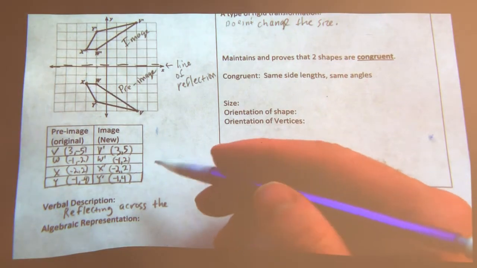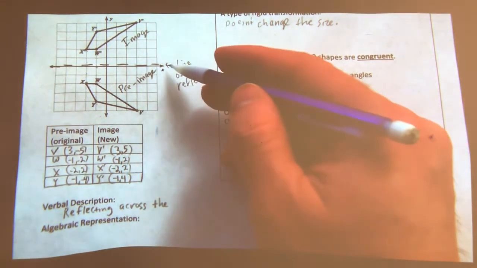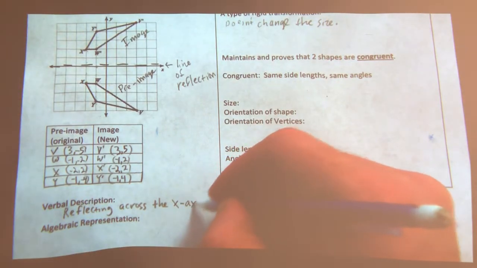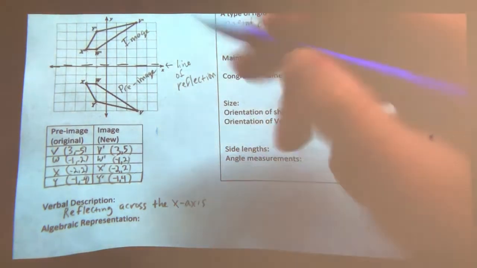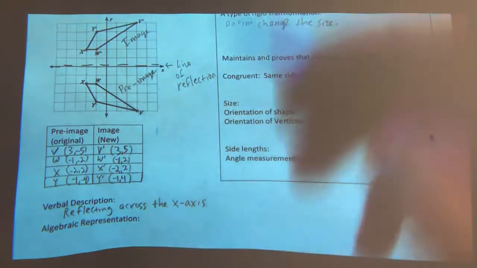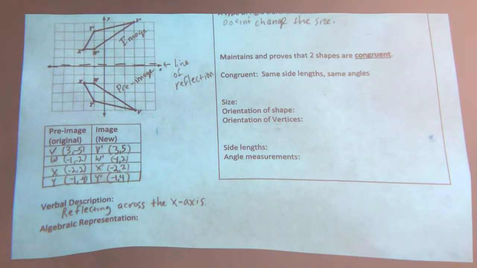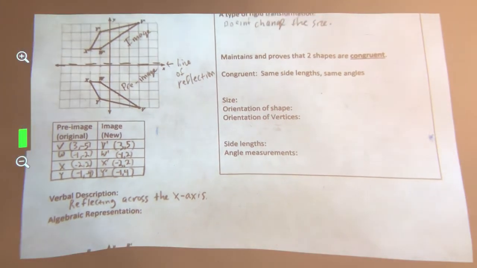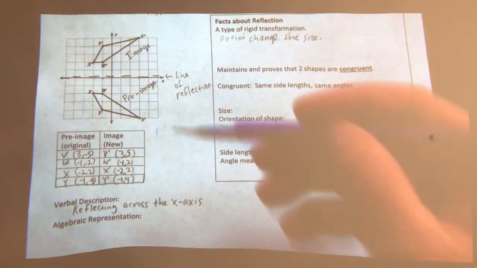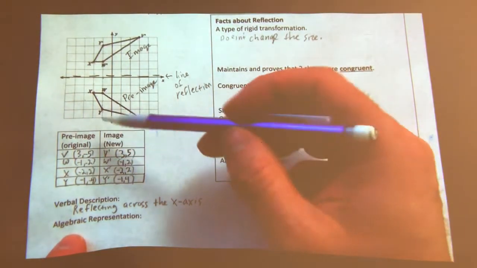So if it was just any line, you would say the equation. In this case, it's the x-axis. So that's what we're doing, right? We're reflecting this, we're flipping it across the x-axis. But the algebraic representation, or the expression, let's zoom out just a bit, of that move is what it does to the coordinates.